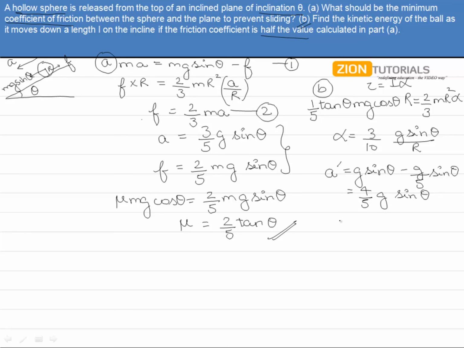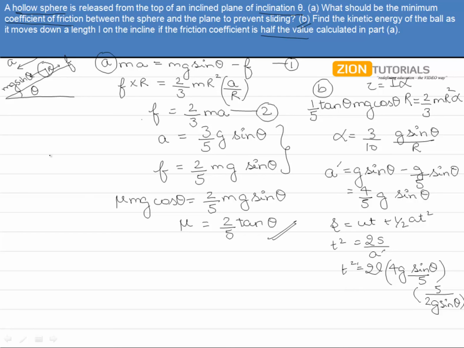Now from the second equation of motion, s equals ut plus half at square, where u is 0. So we can write t square equals 2s over a dash, giving us t square to be 2L into 5 by 4g sine theta.